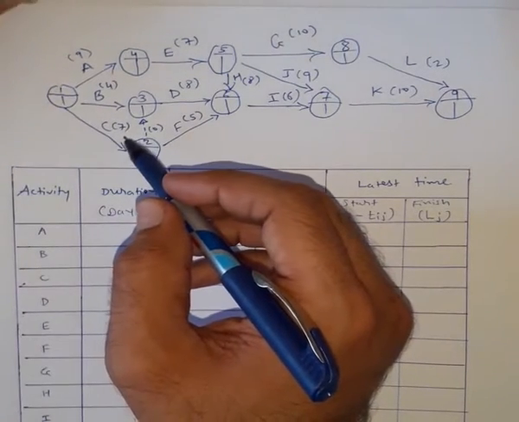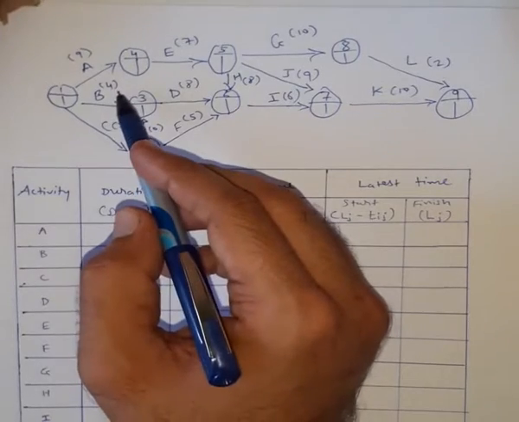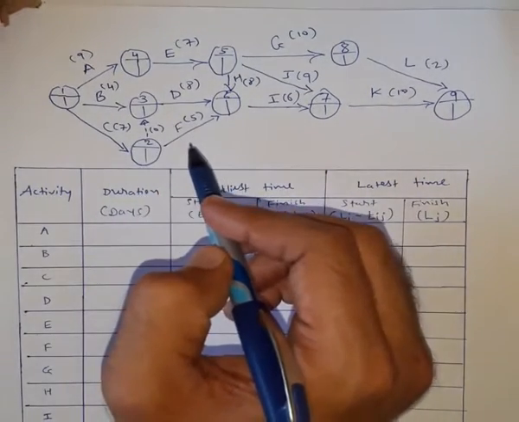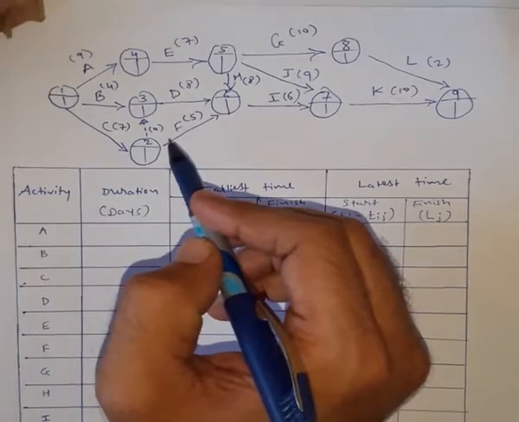So now we will find out these values that are shown in brackets, that is the time duration of that particular activity.